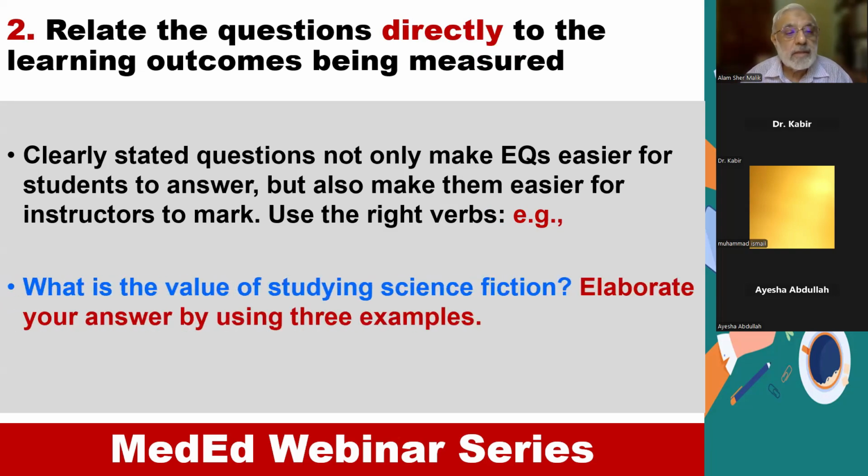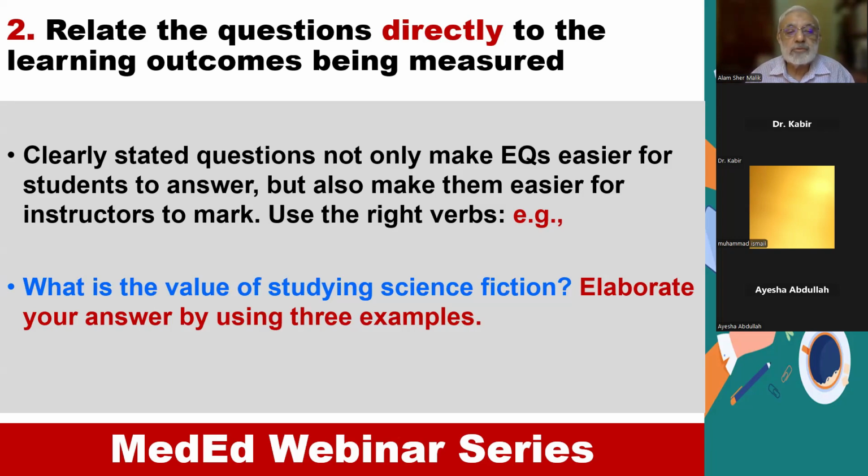For example, saying, what is the value of studying science fiction? If we stop there, it doesn't tell the student much about what we are really asking for. But if we add, elaborate your answer by using 3 examples, that gives a lot of guidance to the student to answer that question, and that can make a basis for marking the question as well. So the whole question would be, what is the value of studying science fiction?